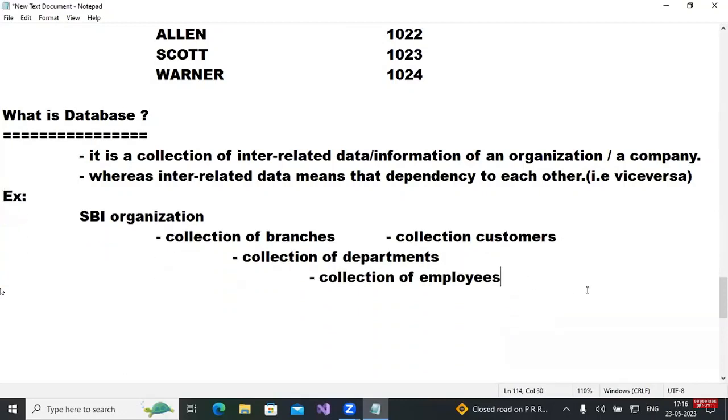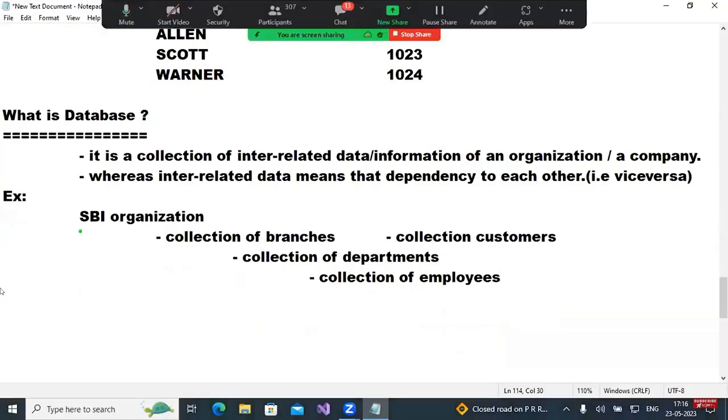So SBI is an organization. In this, these are the hierarchies. SBI organization, these are the hierarchies.